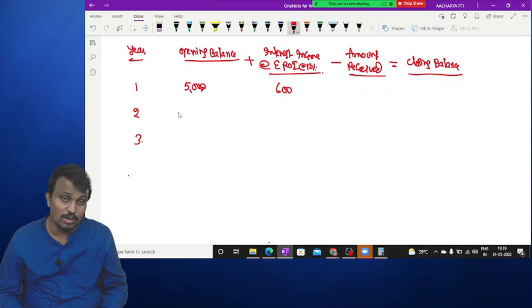So 600. This is the actual income to be recognized. But how much amount did we receive? 500. Correct? Then we have to write: debit bank account, credit investment in loan note account. How much? 500.